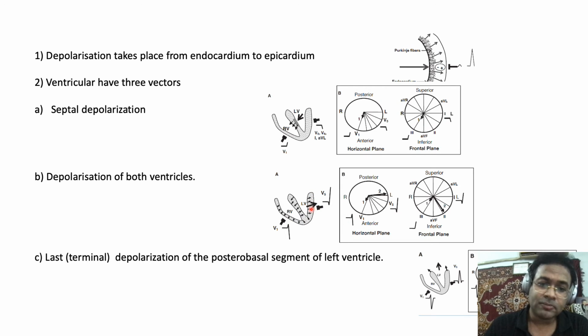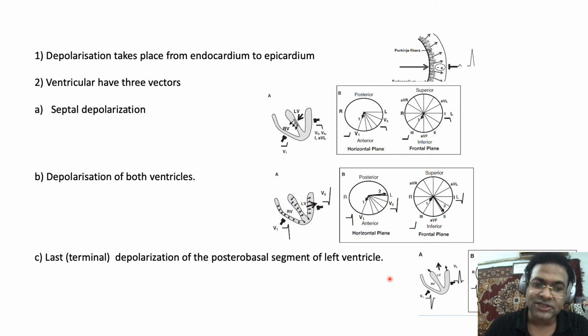So predominantly the vector is going towards the lateral leads, V5, V6, 1 and AVL. So you get positive R waves in V5, V6, as I told you. Because the net is going away, you get a negative wave, S wave in V1.